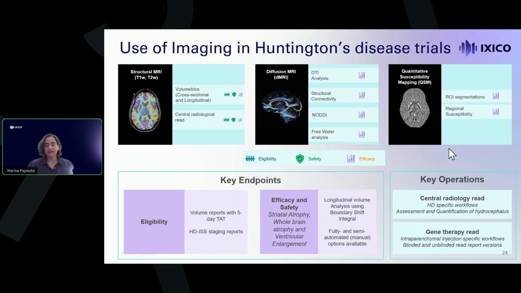For eligibility, Jeff mentioned the HDISS staging, so caudate and putamen volume are landmarks for stage 1. And for efficacy, caudate and putamen volume, particularly caudate volume, is one of the most sensitive biomarkers. Other modalities that are commonly used are diffusion MRI and QSM, quantitative susceptibility mapping, and these are mainly used as complementary metrics to understand more of the effects of treatment in the brain.